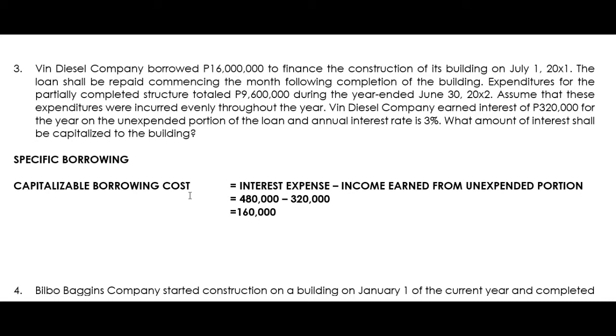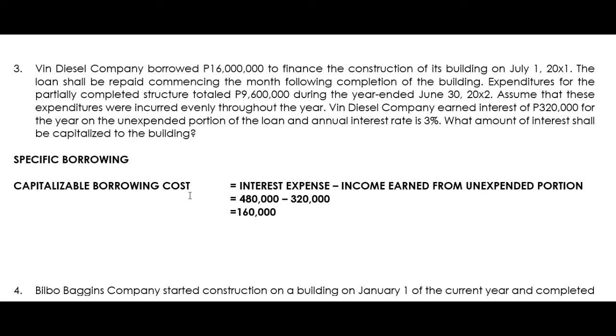Expenditures for the partially completed structure totaled 9,600,000 during the year ended June 30, 20X2. Assuming that these expenditures were incurred evenly throughout the year, the Diesel Company earned interest of 320,000 for the year on the unexpended portion of the loan, and the annual interest rate is 3%. What amount of interest shall be capitalized to the building?